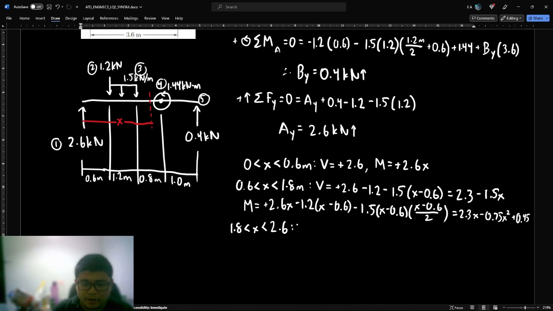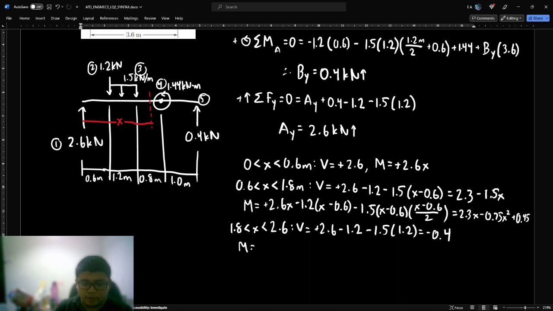For the shear, it's going to be plus 2.6 minus 1.2 minus 1.5 times 1.2. It's not x minus 0.6 anymore because we already passed the entire uniformly distributed load, so it is now going to be maximum. This is equal to negative 0.4.